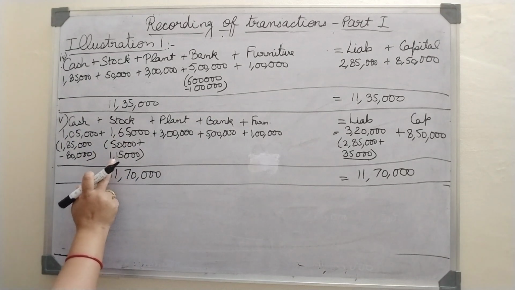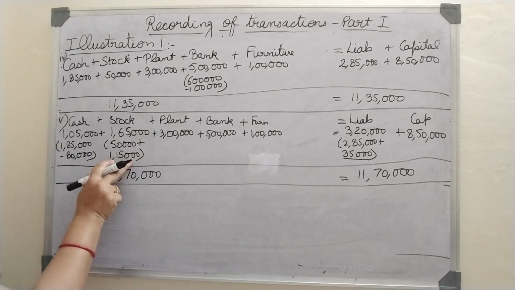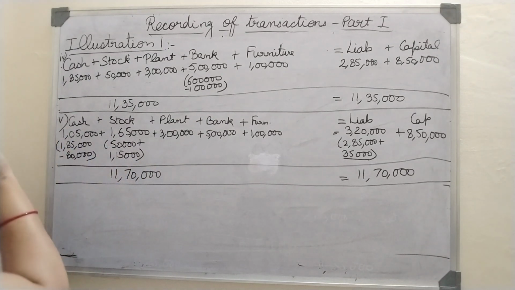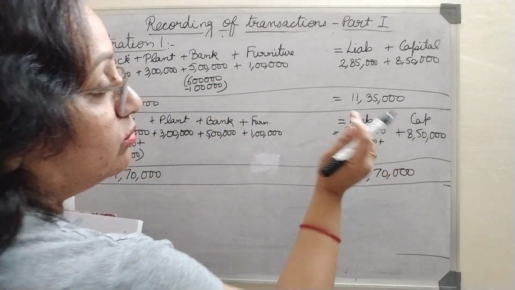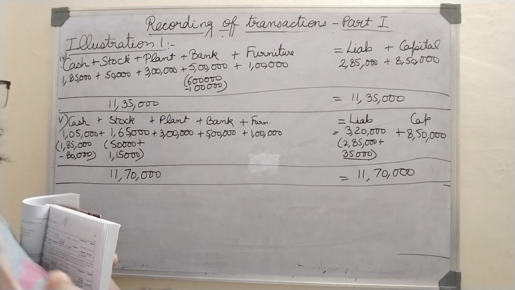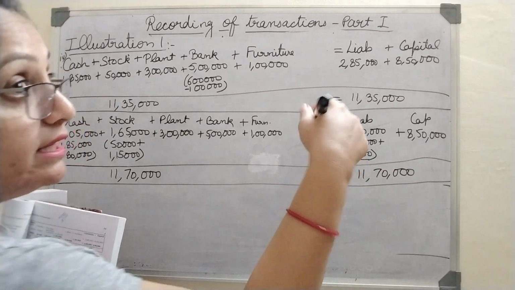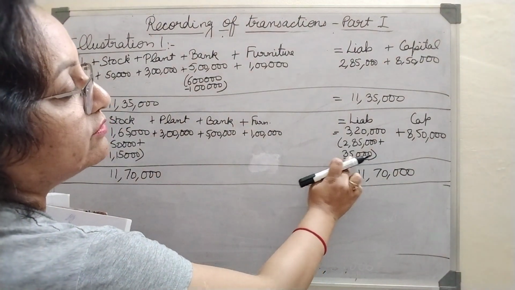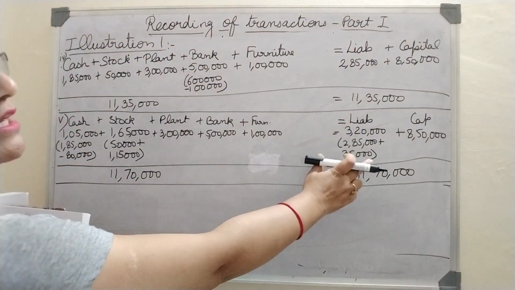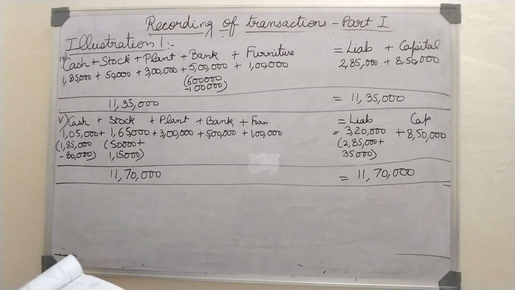So in stock, I will add cash or credit total 1,15,000 to 50,000. Other things are not affected. We will copy them same. Now when I am buying on credit, it means I have to pay later. So it is my liability to pay. So 35,000, whatever was the credit amount given to us, that we have added in the liability. I hope till here it is clear to everyone.